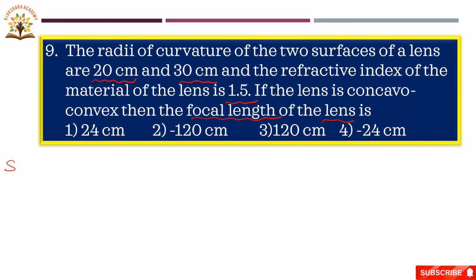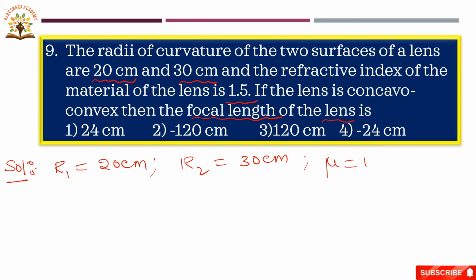Now let us go to the solution. Given R1 is equal to 20 centimeter and R2 is equal to 30 centimeter, and mu is given as 1.5. We have to calculate the focal length of the lens.